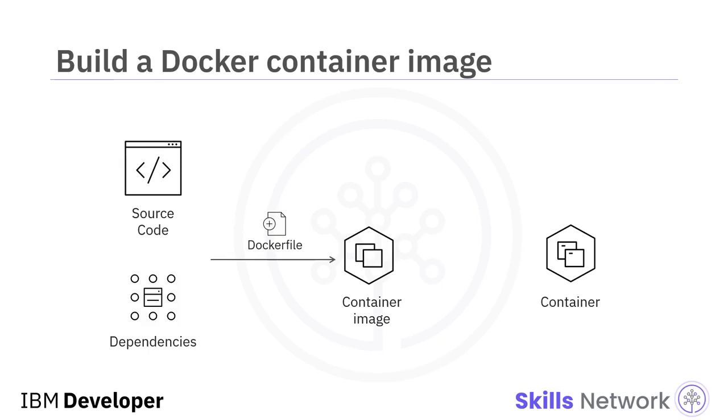Like object-oriented programming, consider a container image like a class that acts like a template of a running container. Therefore, if we instantiate a container image, we get a running image called the container. So basically, you only need to write a proper Docker file, and Docker handles the rest.